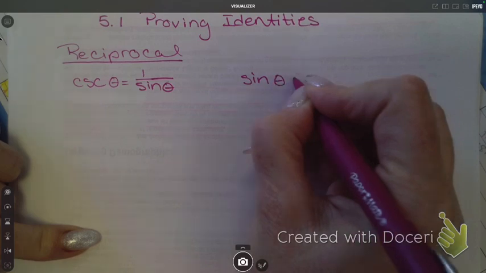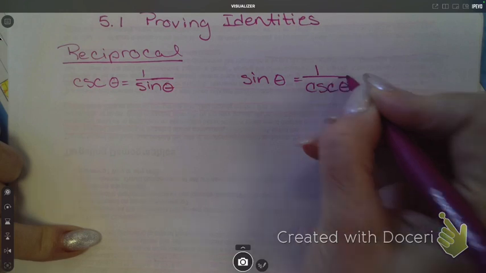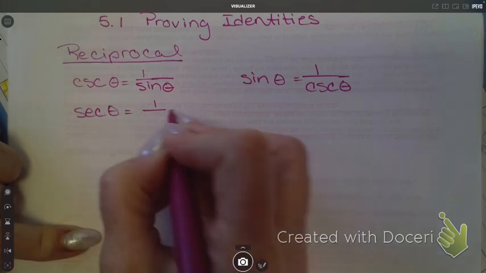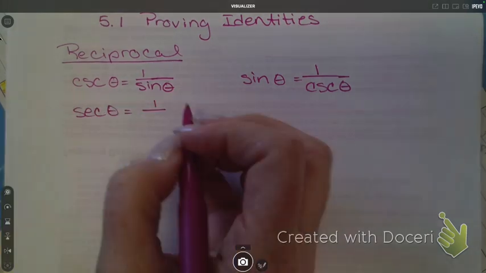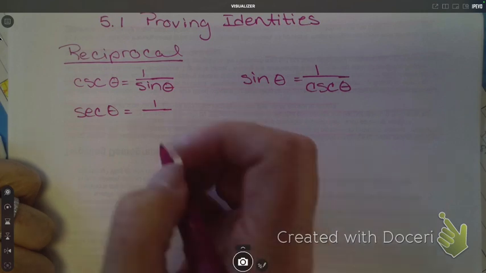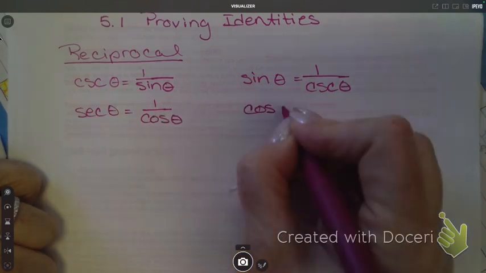And secant is 1 over cosine. So cosine is 1 over secant.